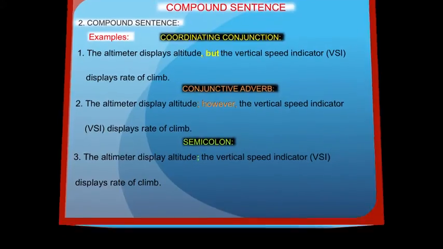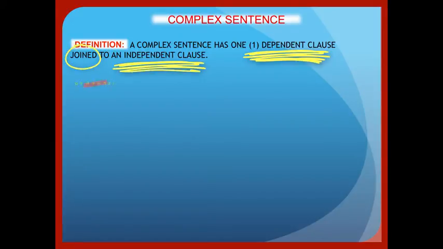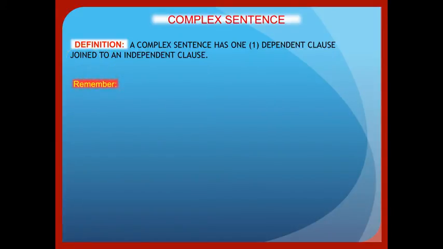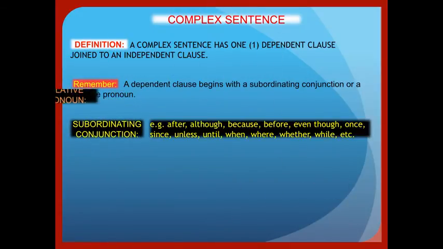The next sentence type is a complex sentence. A complex sentence has one dependent clause joined to an independent clause. Remember that a dependent clause begins with a subordinating conjunction or a relative pronoun. Here is a list of some common subordinating conjunctions and relative pronouns.